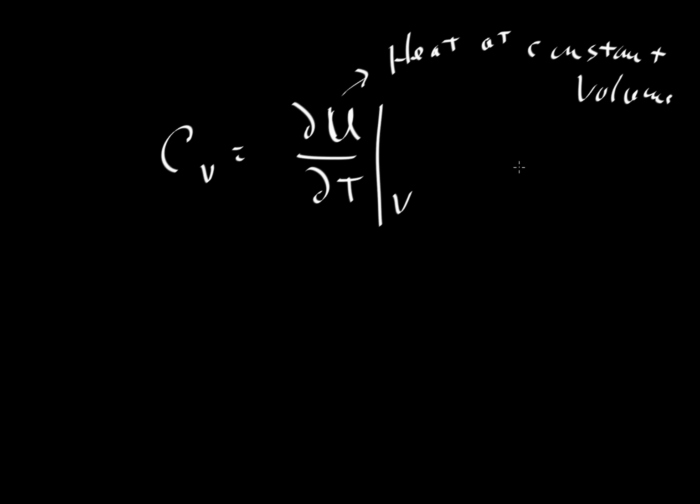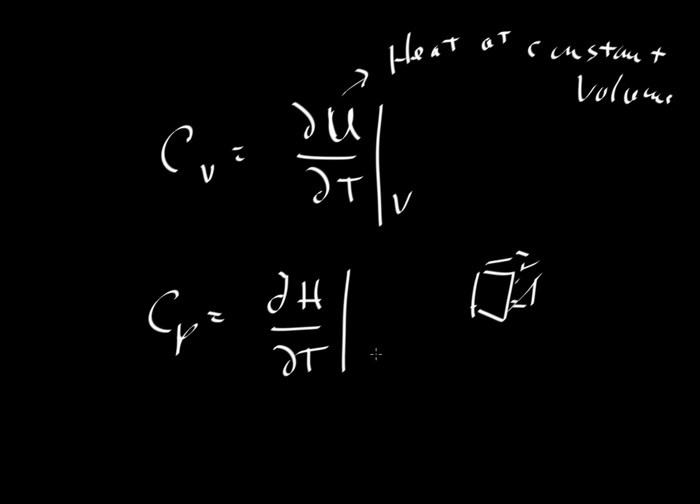Look at the heat change when you have some fixed container and the sides are very rigid, it cannot be deformed. And so we look at how the system absorbs heat and how the temperature changes when the whole thing does not change in size, does not expand or contract, whereas CP is the amount of heat at constant pressure that affects some change in temperature.